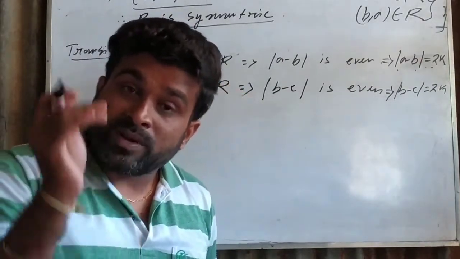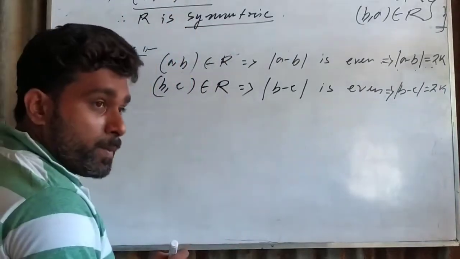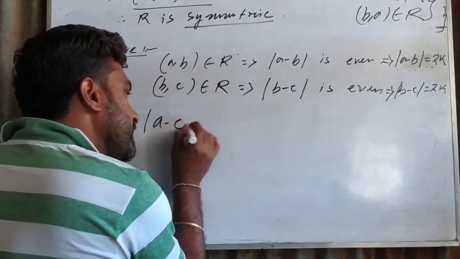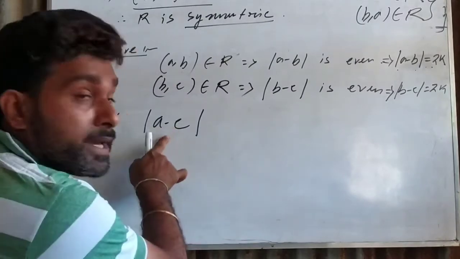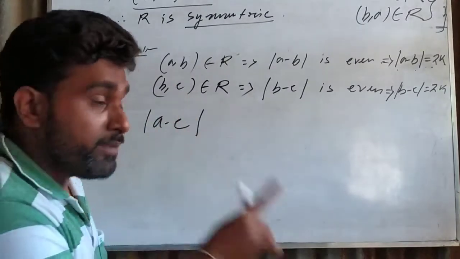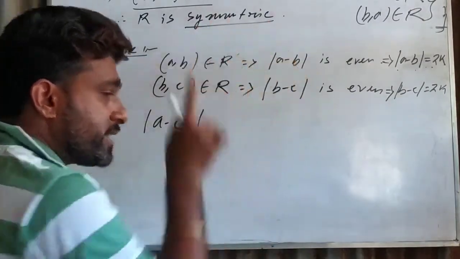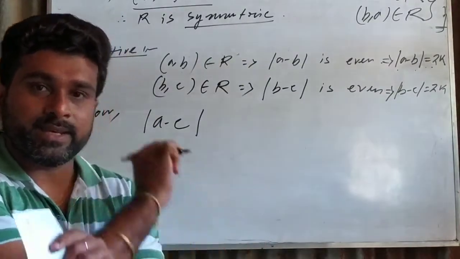Is there any relation between a and c? Just for proving this, we have to verify whether this mod of a minus c is an even number or not. If mod of a minus c is an even number, then the condition is satisfied. Then you can construct a relation between a and c as well.